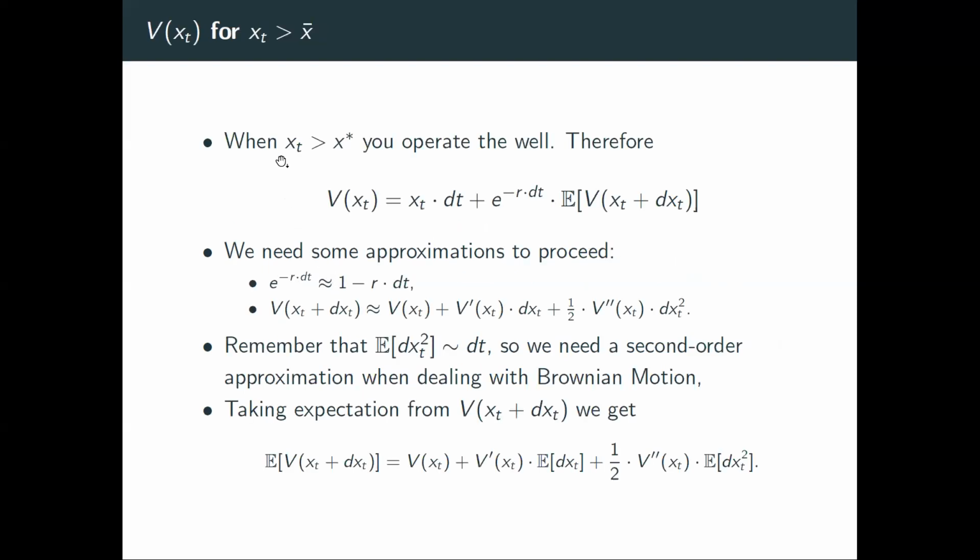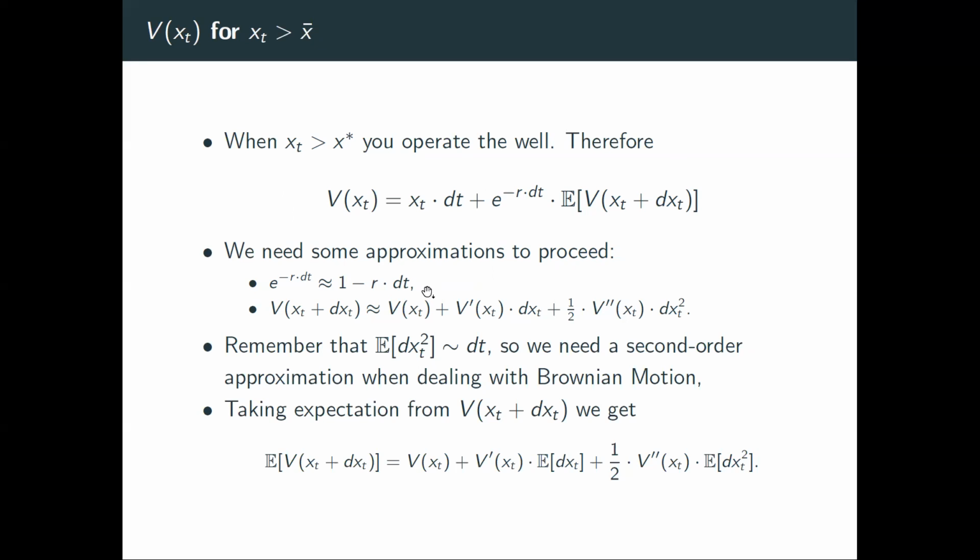So we assume now that you are in a region, oh, sorry, here it should be x bar. I will correct it in the slide. So you operate the well, and therefore you can explicitly write that in this region, we have the following Bellman equation. Now, as always, we need approximations, up to the first order. So first is the discount rate. Here, it's the same approximation as always.